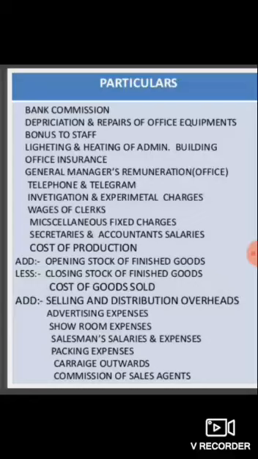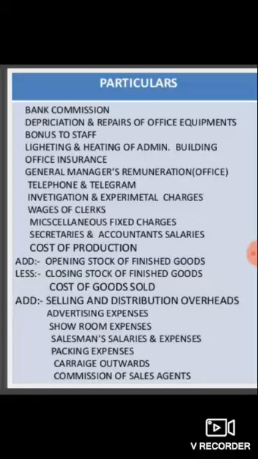And depreciation and repairs of office equipment, so office equipment is depreciated according to the type of the equipment. And if any repairs have been made to those equipments, those charges are also added under administrative expenses.